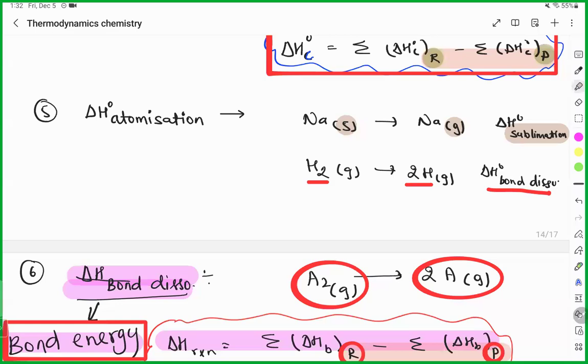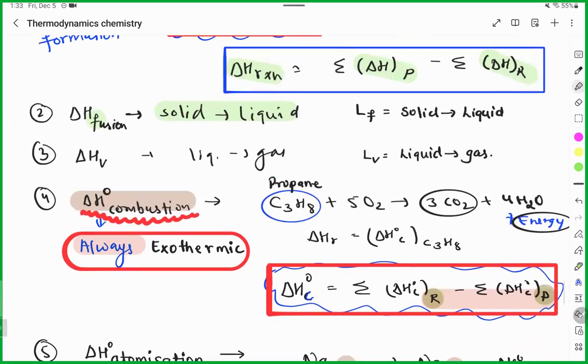And liquid to gas is known as enthalpy of vaporization. Liquid to gas, vapor is formed. In fusion, liquid is formed.